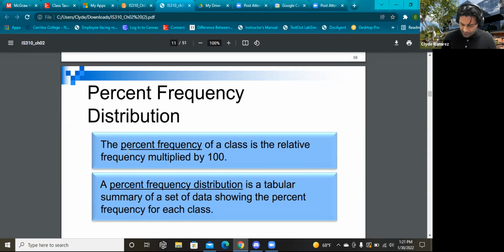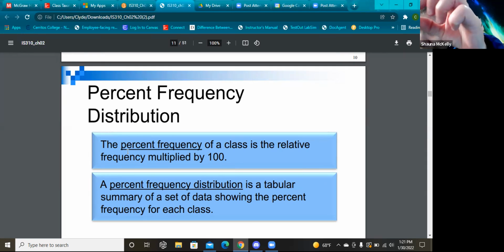Relative frequency is the number of observations in the class or category divided by the total, and you express that as a decimal. The percent frequency takes that same calculation, the number of observations in a category divided by the total, and then multiplies by 100 and uses a percentage.